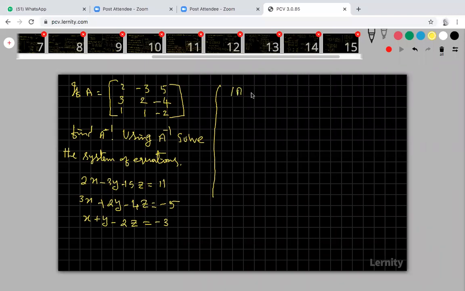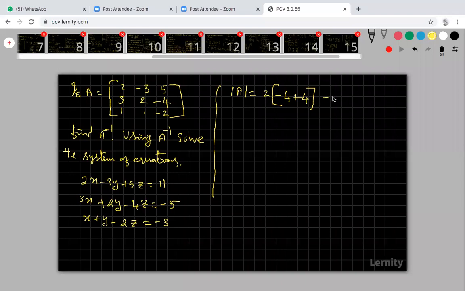Find the determinant first. What is the determinant value? This is 2 into, this is minus 4. I'm finding the determinant, minus 4. This is 1 into minus 4, but we will get plus 4 because we have another minus there.